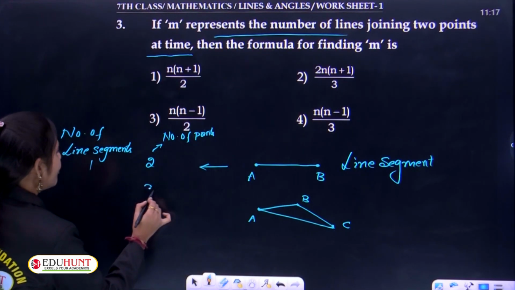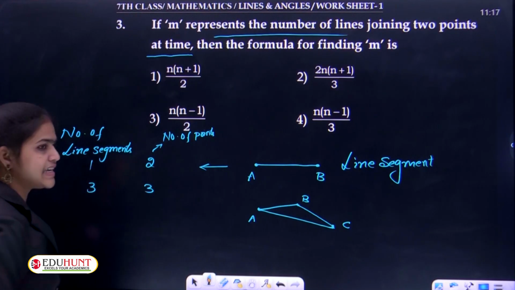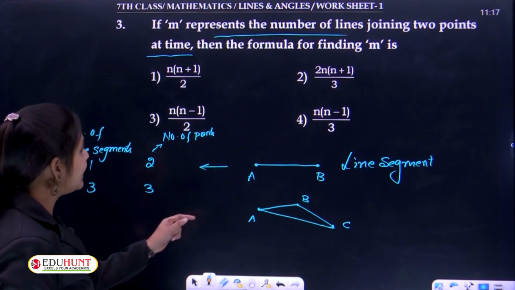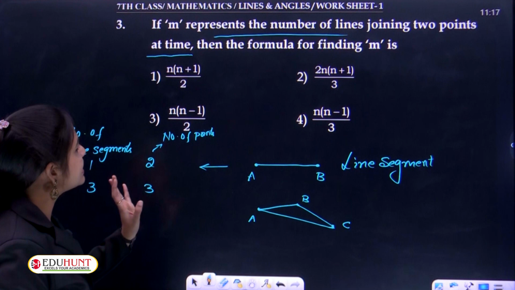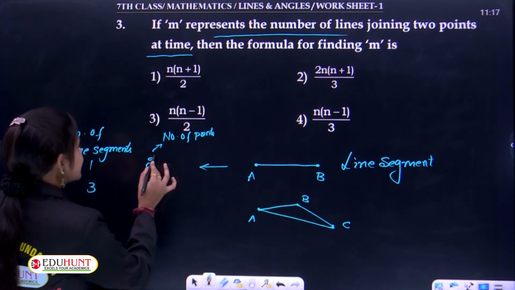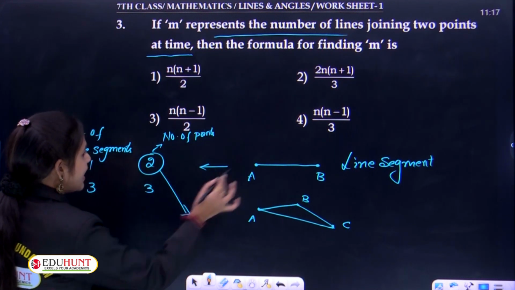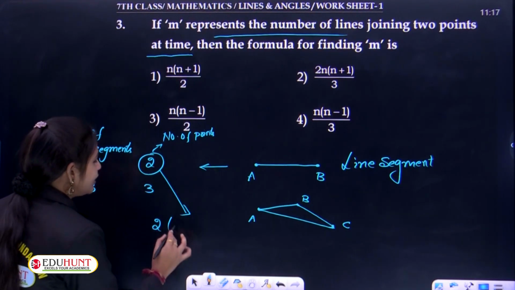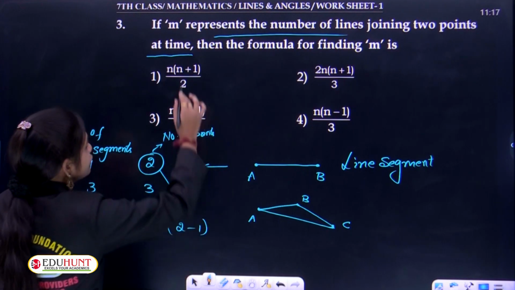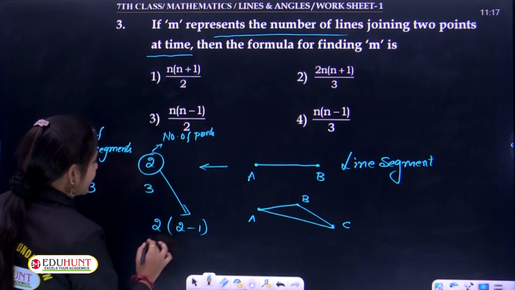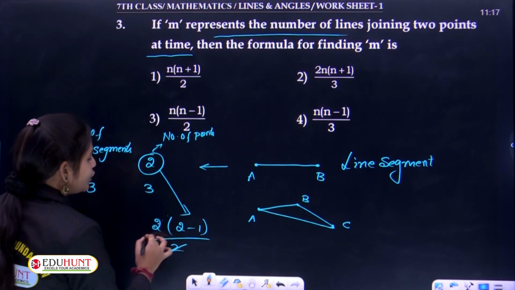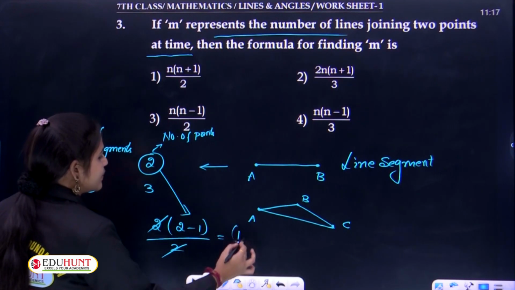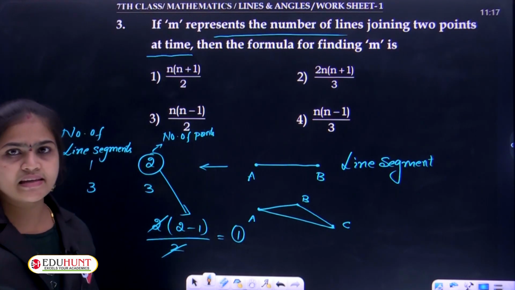By taking 3 points, we have 3 line segments. Now we need to find out how many line segments. Actually we took 2 points. Here 2 into 2 minus 1, if you substitute 2, by 2. Then 2 and 2 get cancelled, 2 minus 1 is 1.